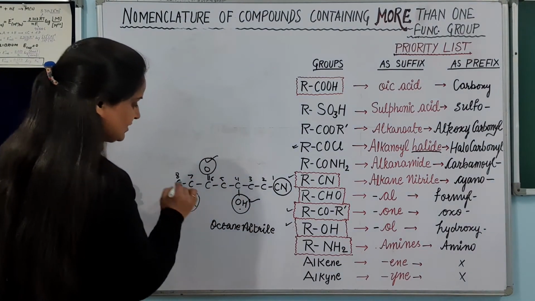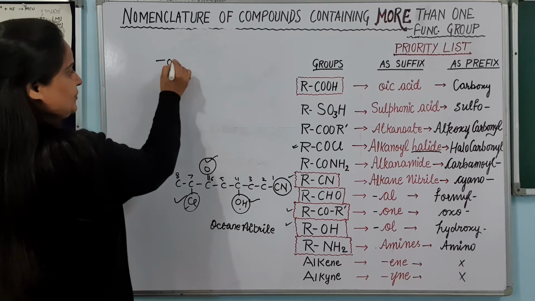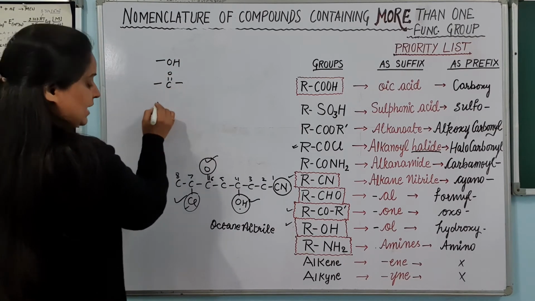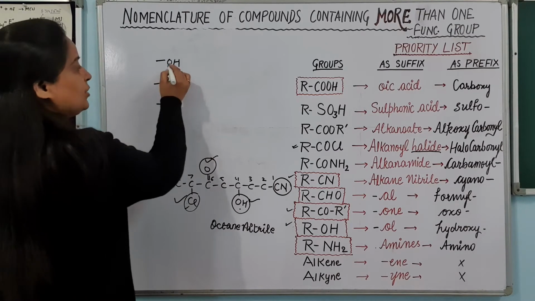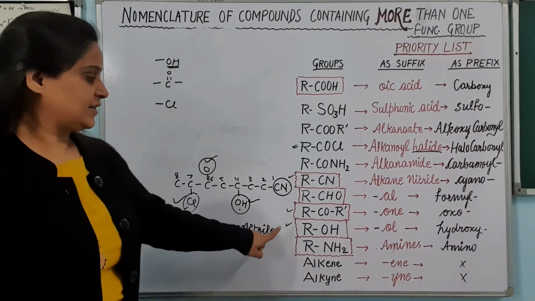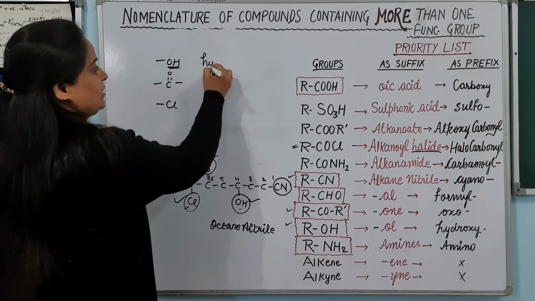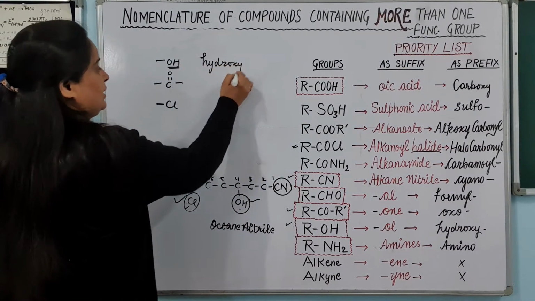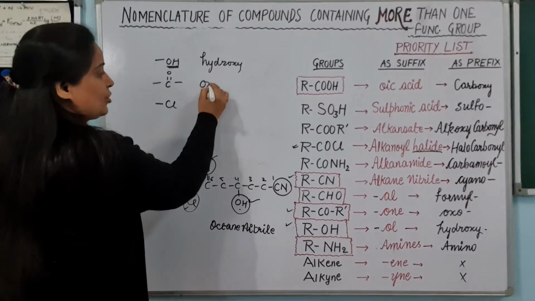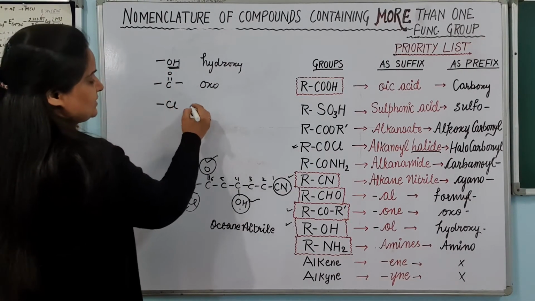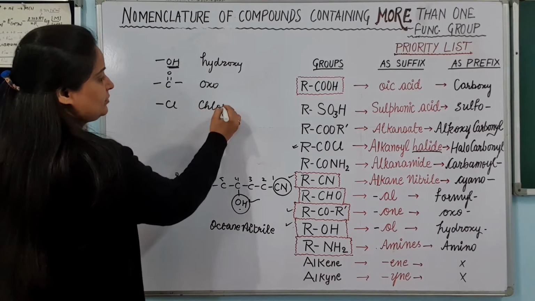I have OH, I have C double bond O and I have Cl. OH is named as a prefix: when we use the OH it is named as hydroxy. C double bond O is named as oxo. When the Cl is there it is named as chloro.